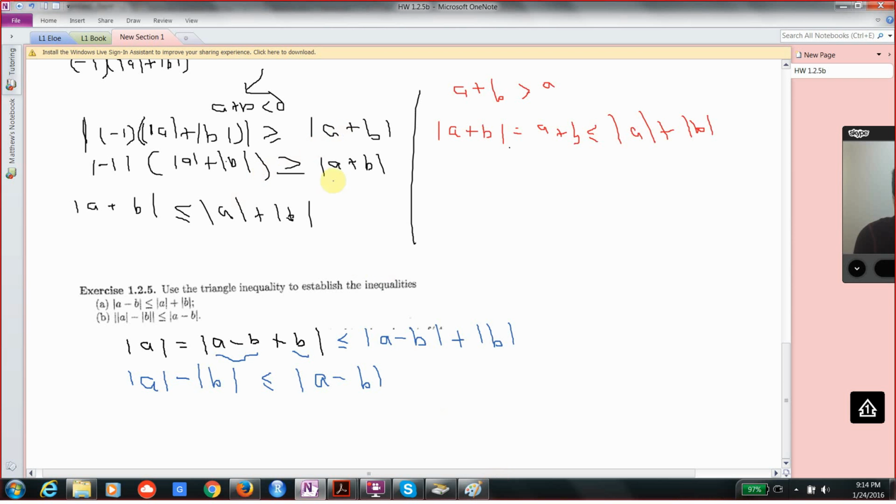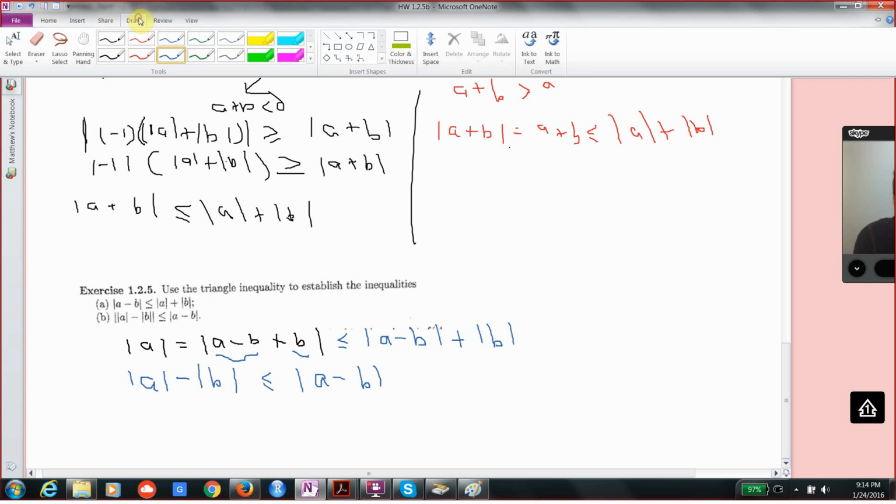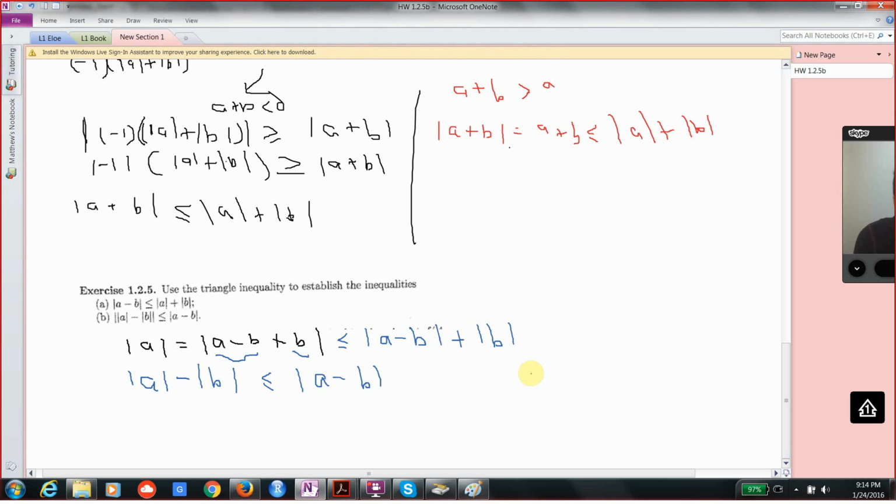Which one, the first line or the second line? The second. So what I did here was subtract the absolute value of B from both sides. Notice this is my inequality at this stage.